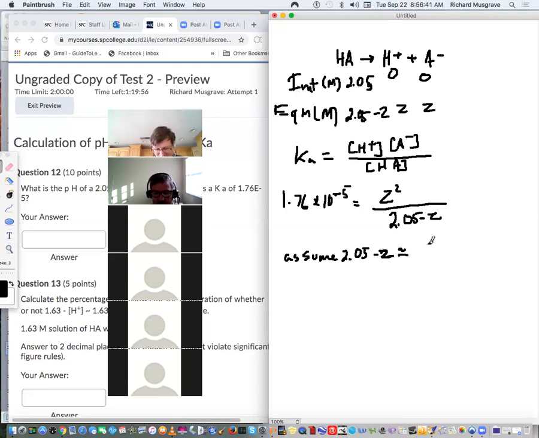Now, the reason I can do that again is because my Ka is small. Ka is a measure of acidity. If it's a low value, it means it's not very acidic. As long as it's 10 to the negative 4 or less, I think it's worth a shot here. So then we can solve for Z. It's just going to be Z squared over 2.05.